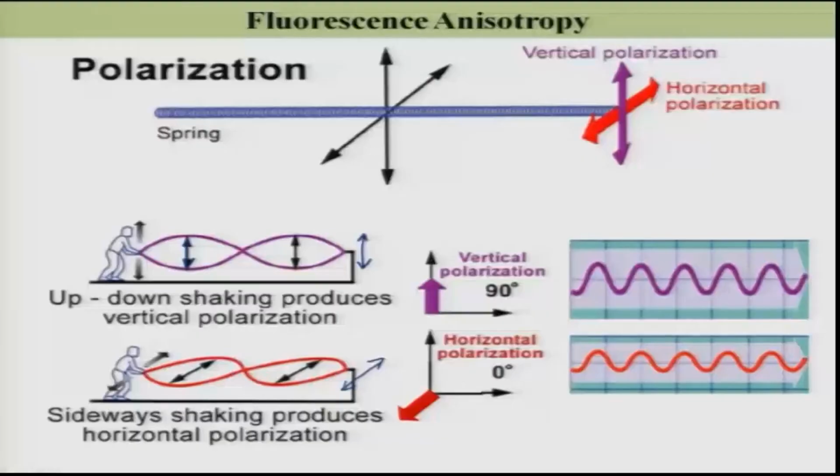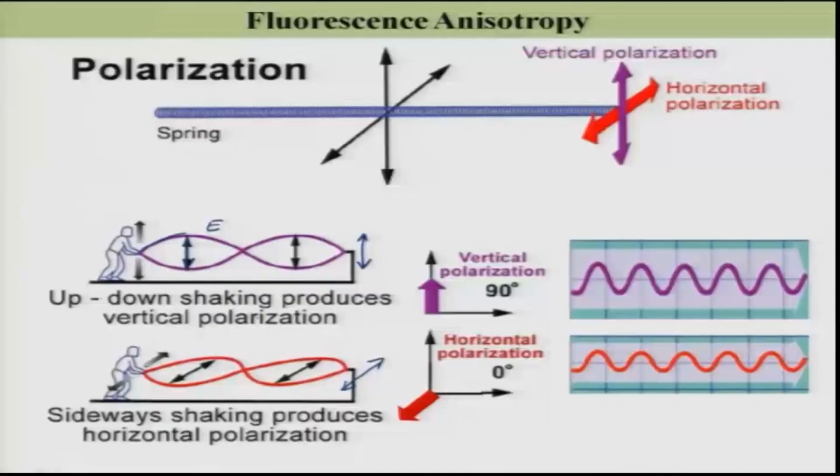If you consider a normal light source, the oscillation of its electric field could be in any direction, either vertical or horizontal or any direction between them. All possible directions are possible.